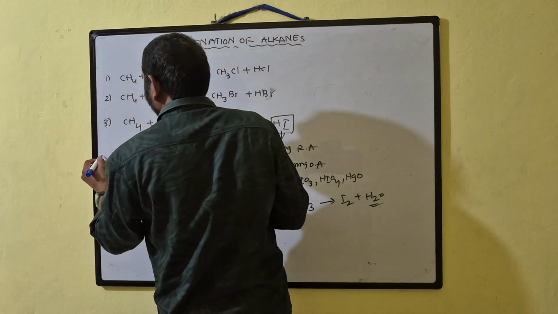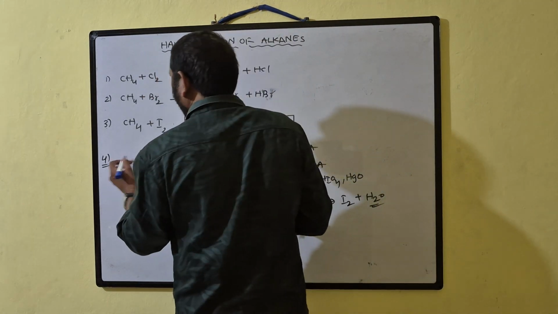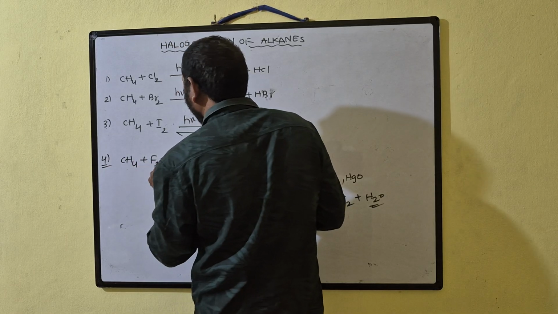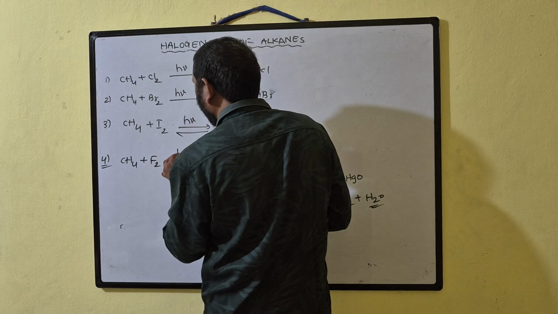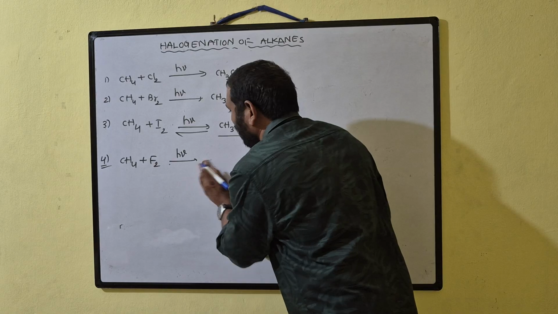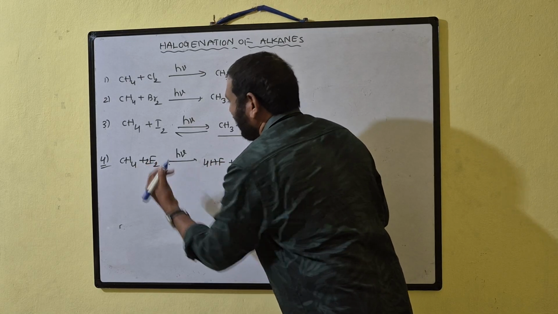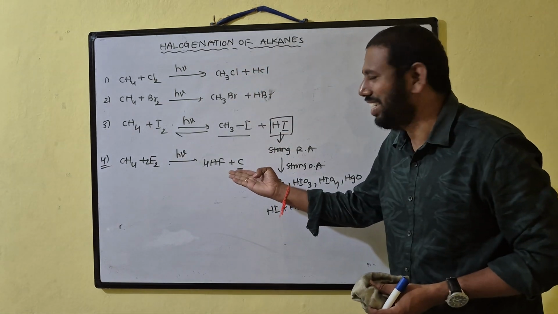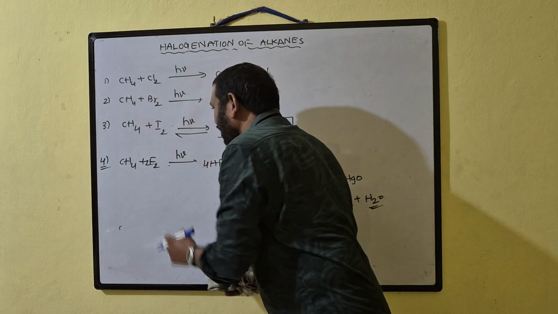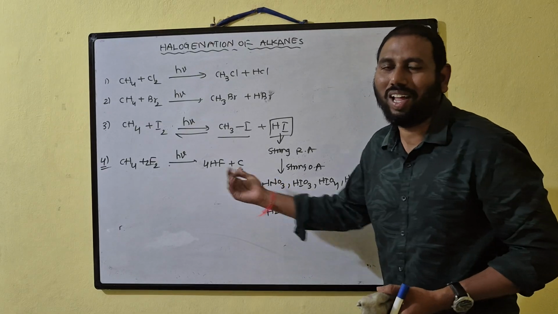So now coming to chloroalkane, chlorination. I have taken methane treated with chlorine in the presence of sunlight. The product will be 4HCl plus C. Here there is no chloroalkane. When an alkane is treated with chlorine, we are not getting any chloroalkane.